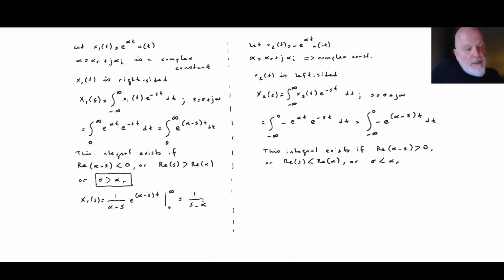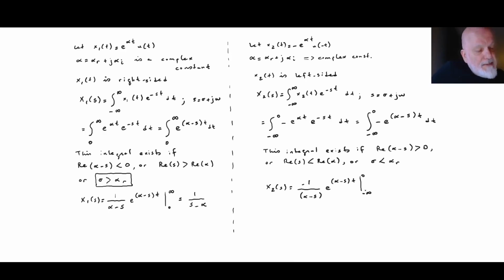Now let us look at the other case. X2 of s is equal to minus 1 over alpha minus s, e to the power alpha minus s times t, evaluated at the integration limits.